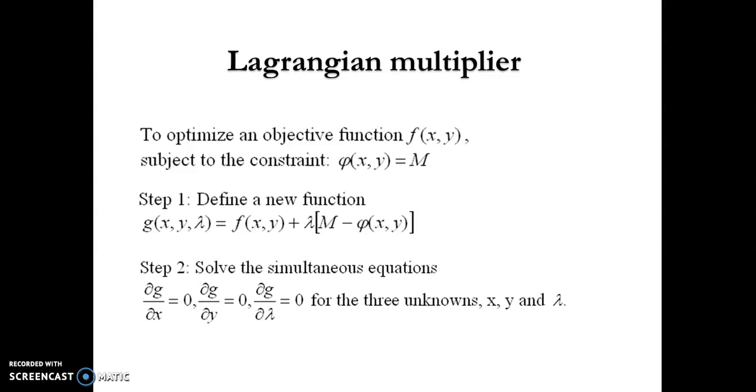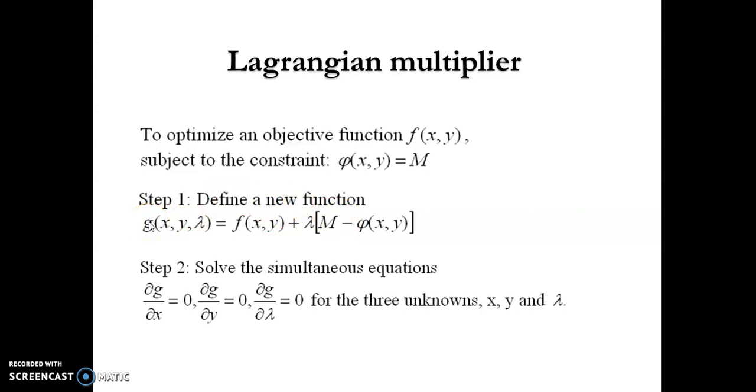So let's break down step 1 a bit further. In step 1, you can see that we are in essence combining the objective function and the constraint, or budget constraint in this case, into one function, right?